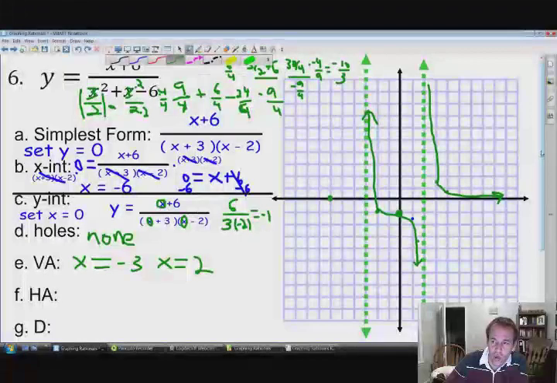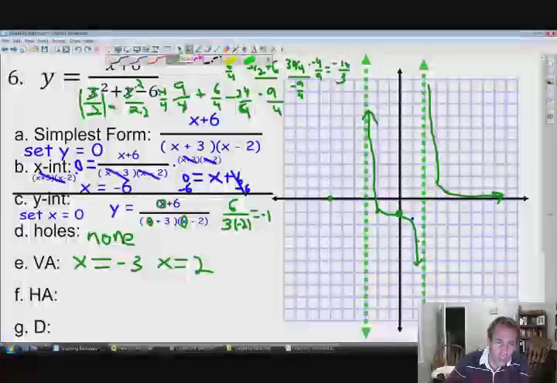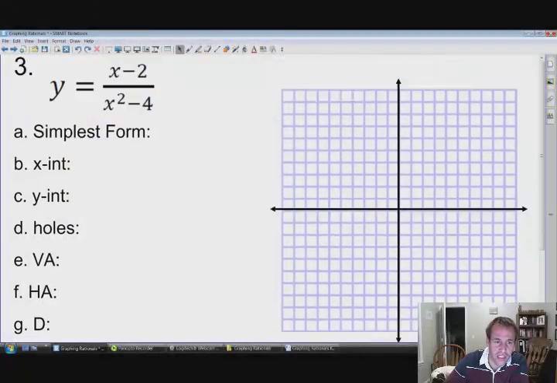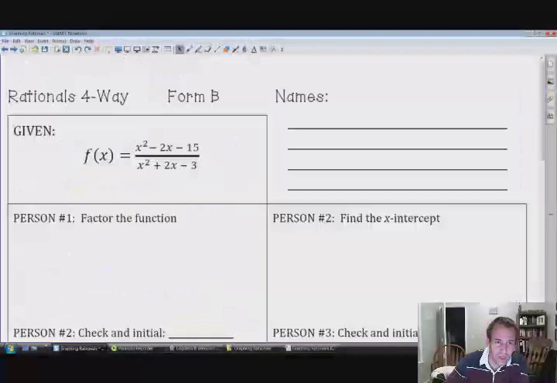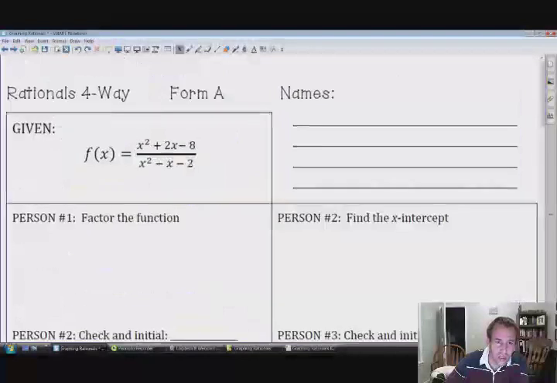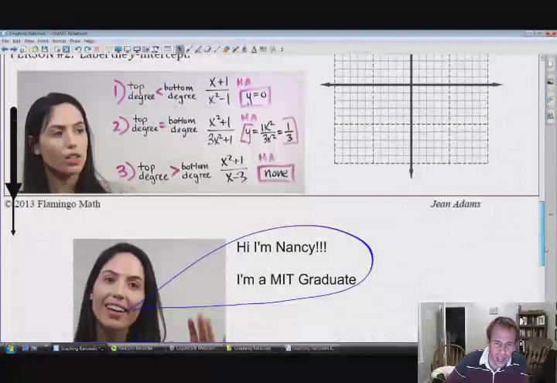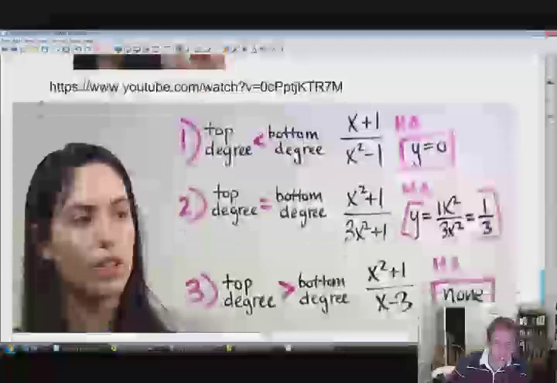And how we know that is that rule that I talked about before in class. What rule is that, Mr. Newbold? In case you weren't there in class, let me show it to you one more time. To tell us about horizontal asymptote, remember from Nancy. What's up, Nancy? So she helped us out here.